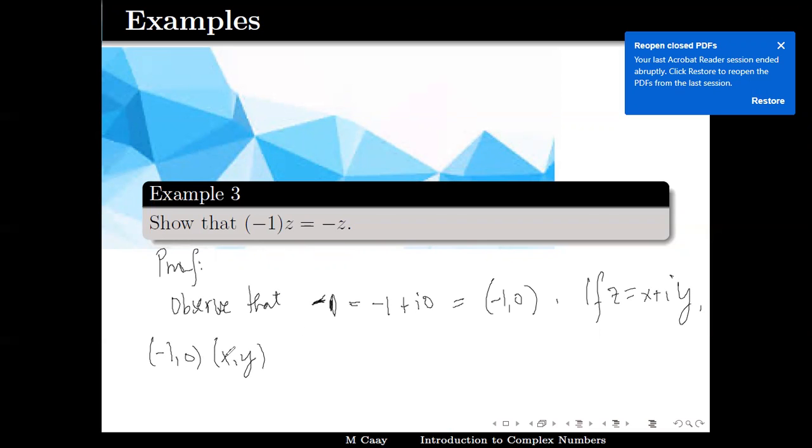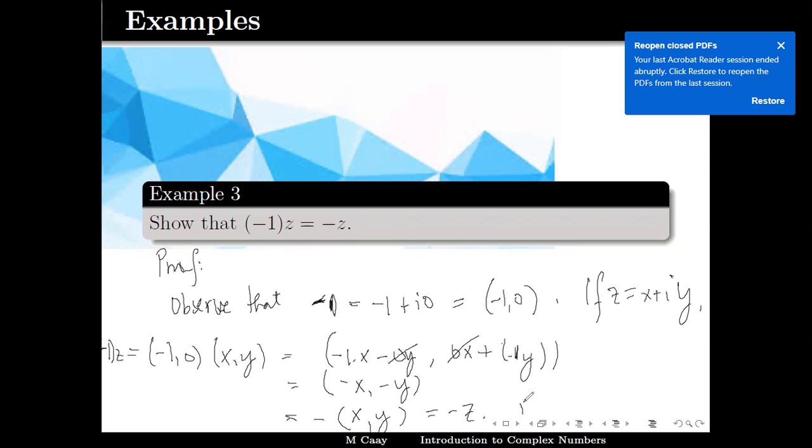So basically, this is the same as -1 times z. So this is -1 times x minus 0 times y using the definition of multiplication, and I have 0 times x plus, oh yeah, it's -1 times y. So this is 0, this is 0, so I'll have negative x and negative y. I can extract the negative, so it's negative (x, y), and so this is negative z. So the proof follows.